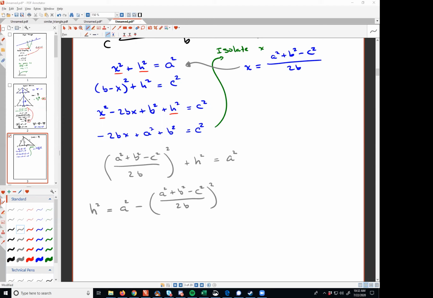Well, remember, we're going to square that second term and subtract it off from a squared. What if we say it like this? It's a squared minus a bunch of junk squared. What do we have? A Pythagorean triple. Maybe, but let's not assume that. We don't know if we're dealing with integers or not.